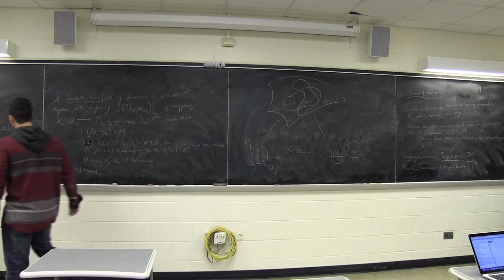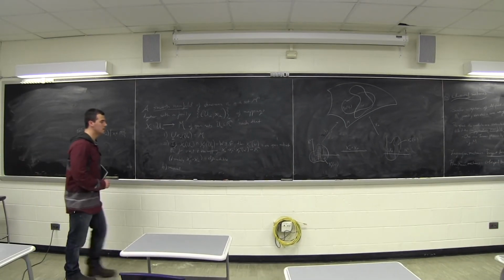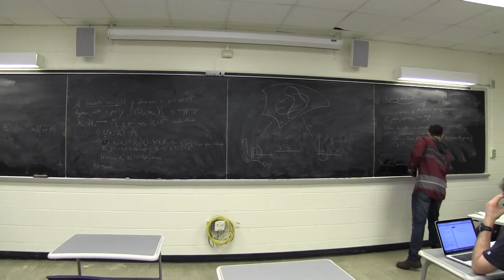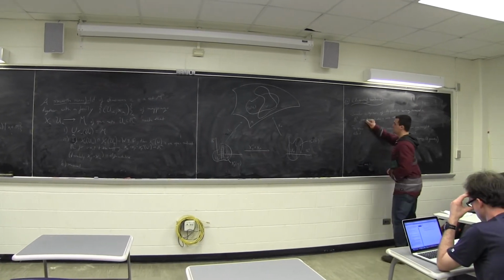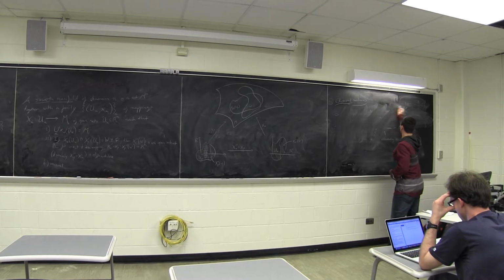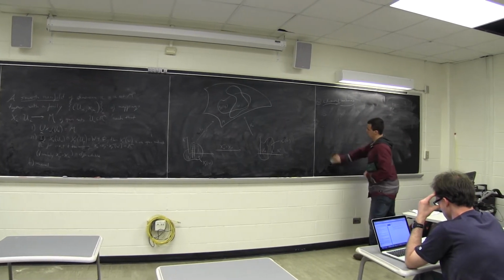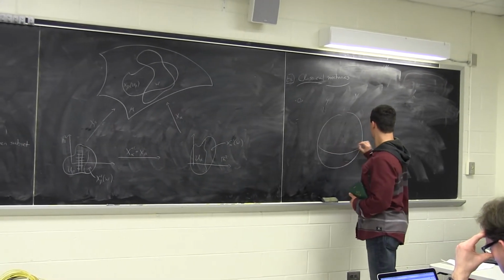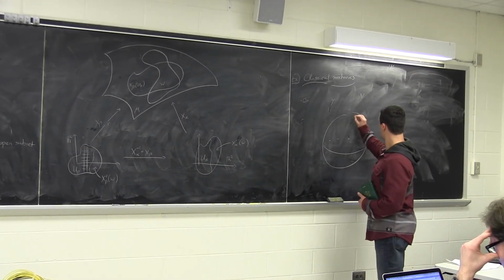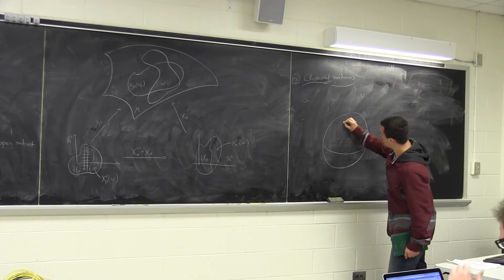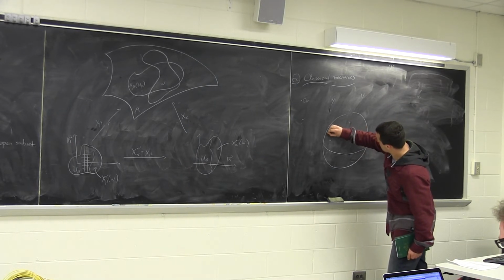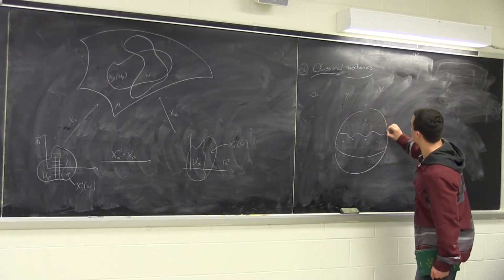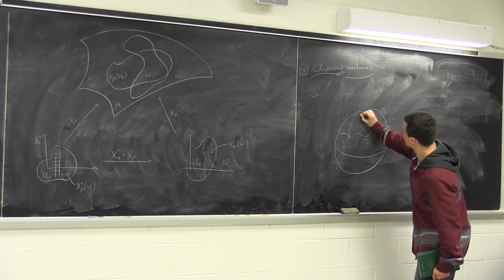So, for example, let me take the sphere. Now, on the sphere, let's say I take a patch from R2 and I lay it over the top of the sphere.